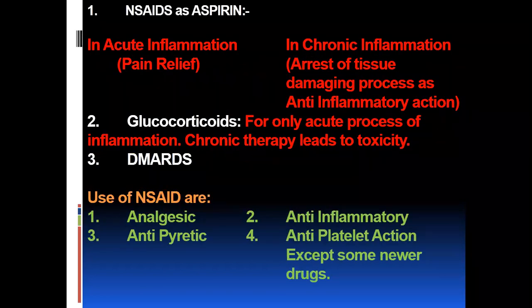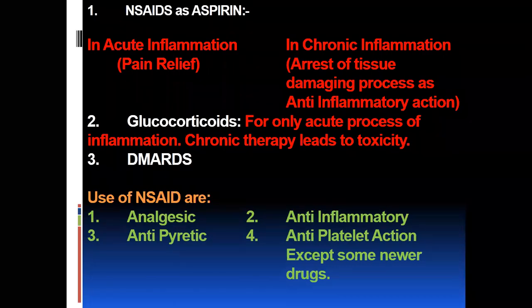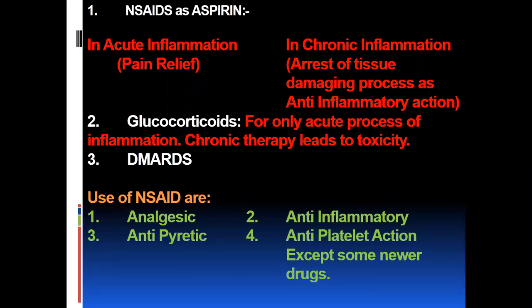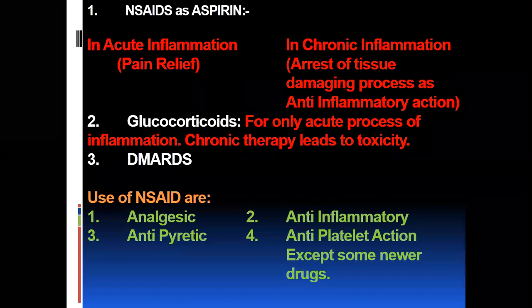Non-steroidal anti-inflammatory drugs, for example aspirin, which is the prototype of this group. In acute inflammation, the purpose is to relieve the pain, while in chronic inflammation the purpose is arrest of the tissue damaging process, which is also called anti-inflammatory action, and pain will automatically be relieved also.